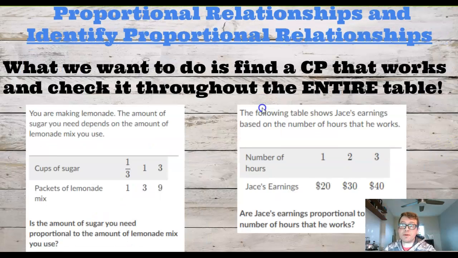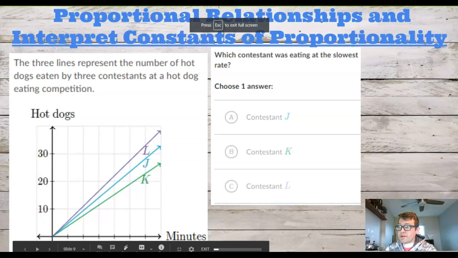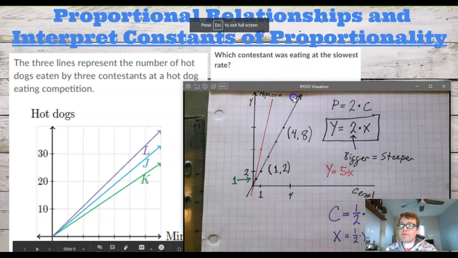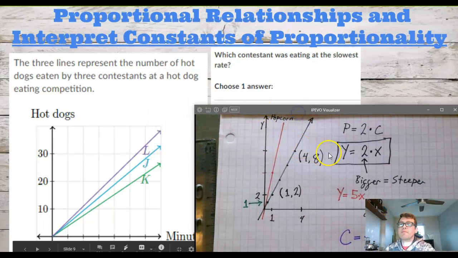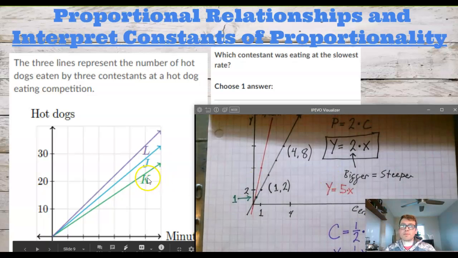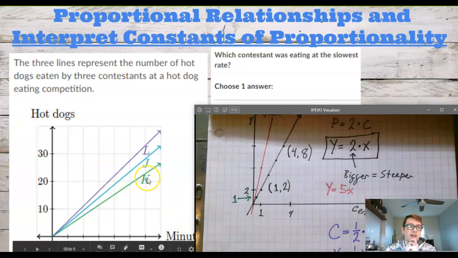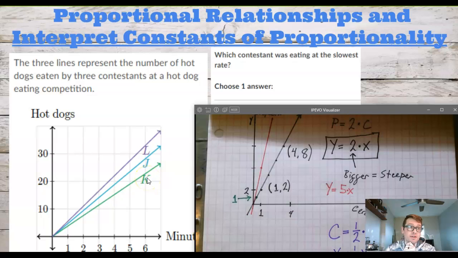Actually, I'm going to move this real quick so I can show my notes again. There's pretty good. So our slowest person in hot dogs per minute would be K. It's the lowest line, the lowest slope. Our fastest person would be the highest line or the highest slope, L.